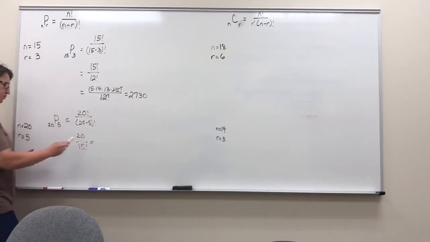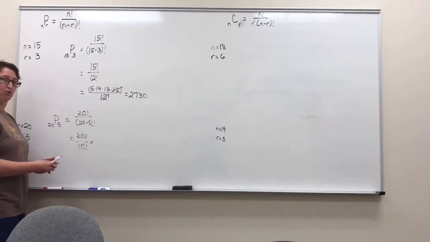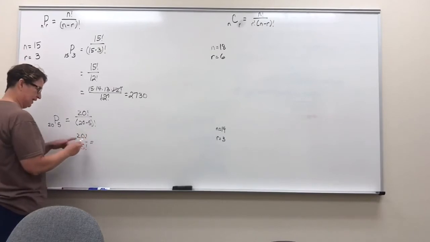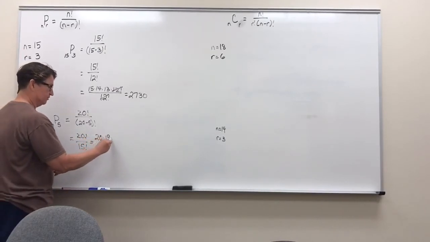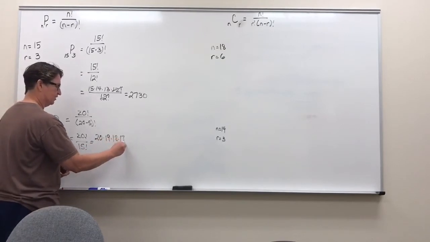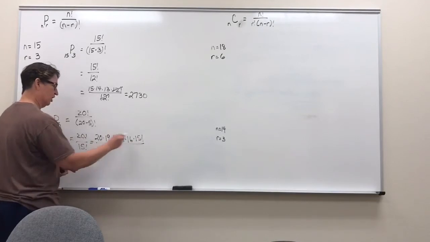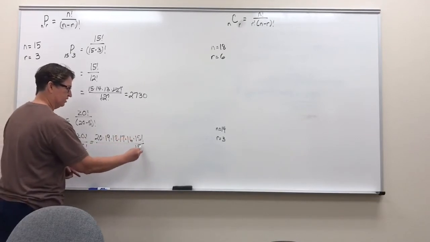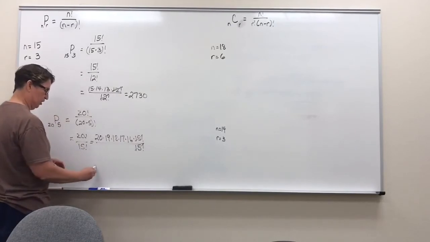And now this 20 factorial is just 1 times 2 times 3 all the way up to 20. Again, I'm going to stop at 15 factorial because the bottom has 15 factorial. So this number on top is the same as this number on bottom, so those two are just equal to 1.